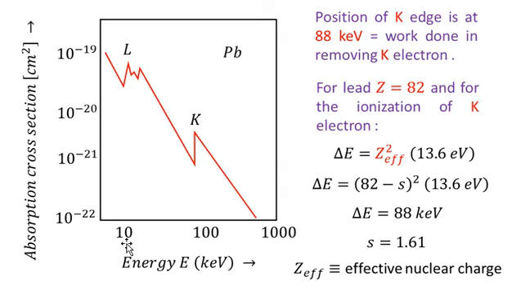And when the energy of the electron increases beyond the value of 10 kilo electron volt, then you will see a fall of the absorption cross-section of the atom, because there is no edge there, that is, no electron is removed in this region. And you see that at about a value of 88 kilo electron volt of energy of the electron, a K edge is observed.